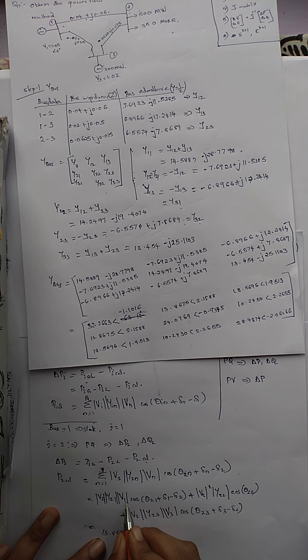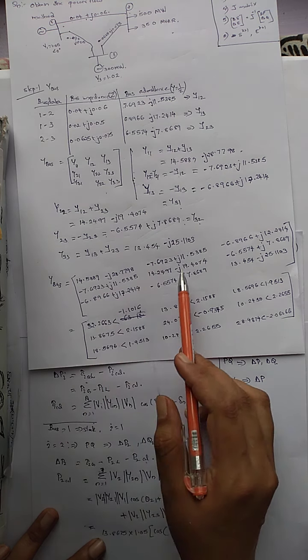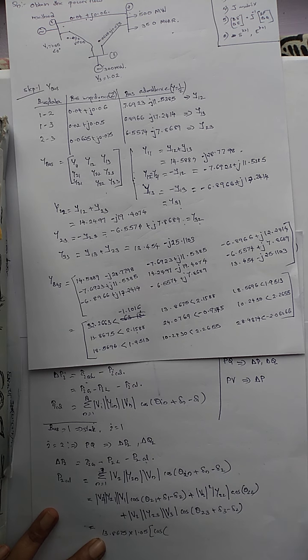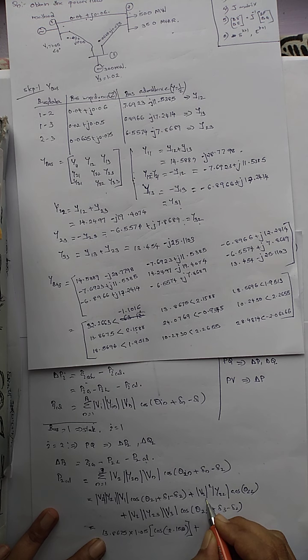V1 value is already given to us. V1 value is 1.05. 1.05 into cos of theta 21. Delta 1, delta 2 value is 0. So cos of theta 21. What is theta 21? Theta 21 value is 2.1588 plus V2 square. V2 square value is 1, so no need of writing it, and Y22.